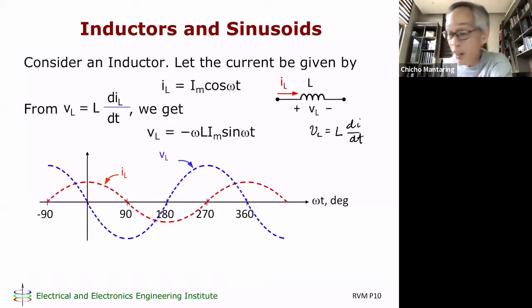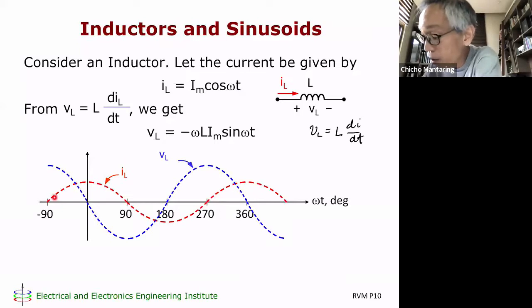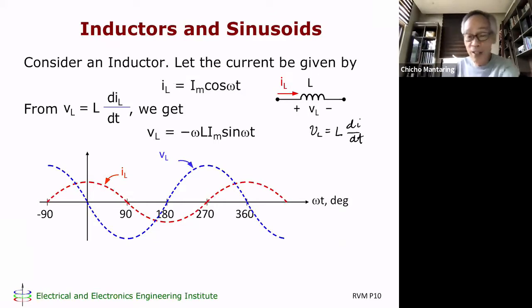And if I plot this, kung ito yung IR ko, ito yung magiging VL ko. So now you see that the voltage across your inductor is not in phase with the current through your inductor.